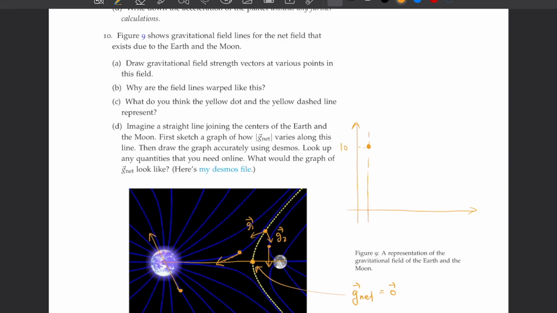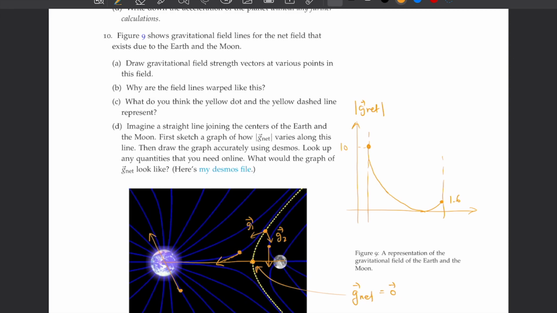Then as we move away, it's going to be decreasing until we reach that point we were just talking about where net g is 0. And then as we come closer to the Moon, it starts going up again until we reach the surface of the Moon, where g is only around 1.6 newtons per kg. This is roughly what the g net magnitude looks like.